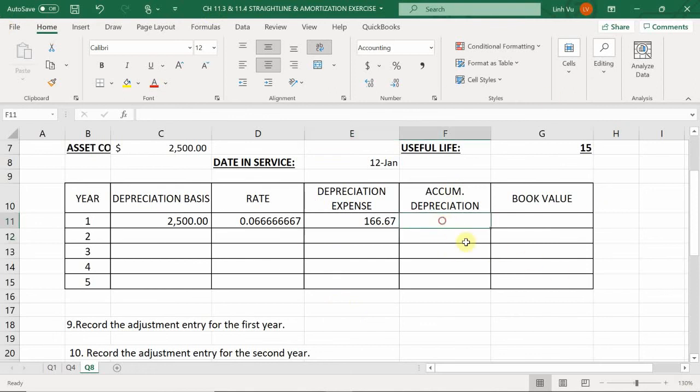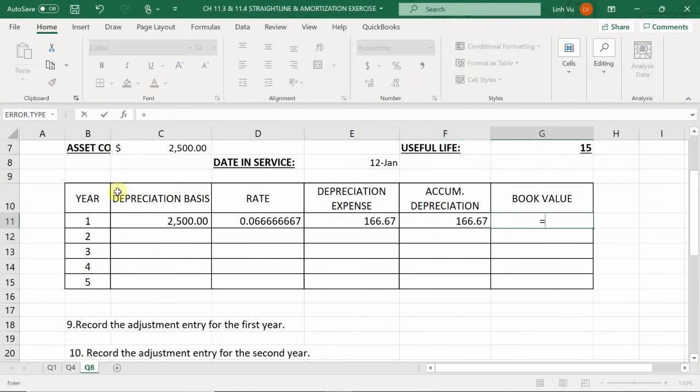So again, because it's the first year of amortizing it, it's going to be the same. So then what is my book value? Book value is the cost of the asset, the 2,500, minus the accumulated depreciation, the 166, so 2,333.